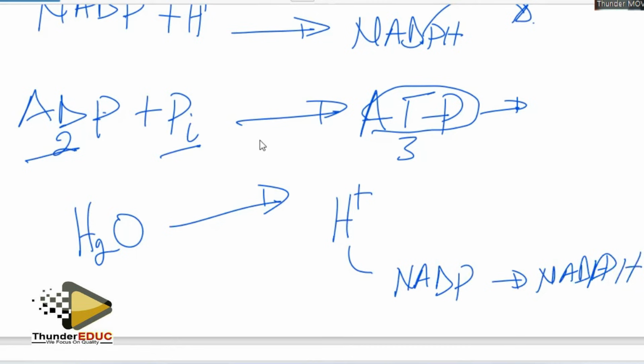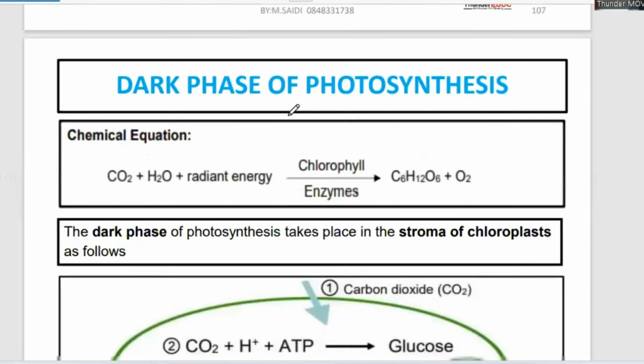The second function is phosphorylation, to add inorganic phosphate to ADP, so that there are 3 phosphates instead of 2, hence forming ATP, which is adenosine triphosphate. Then the last phase is the dark phase. So that was the light phase.